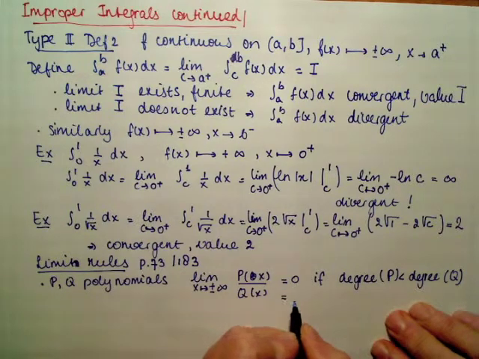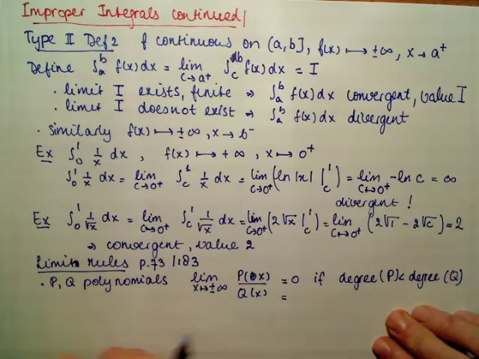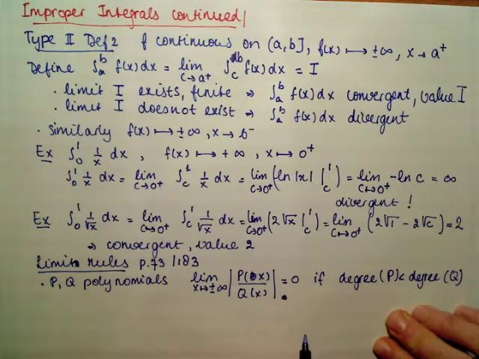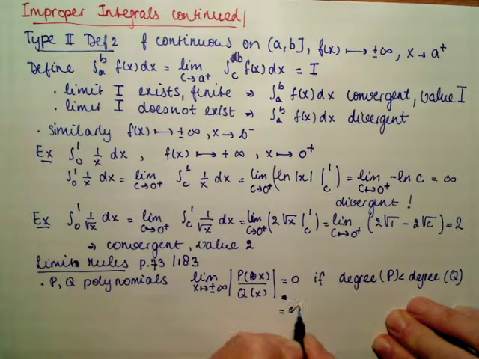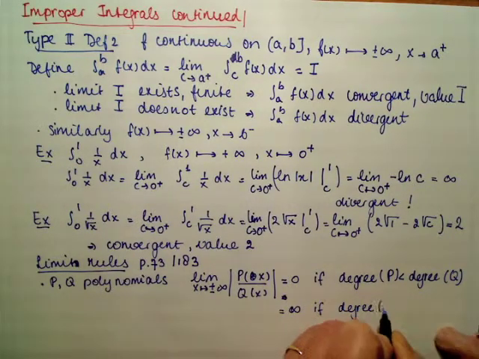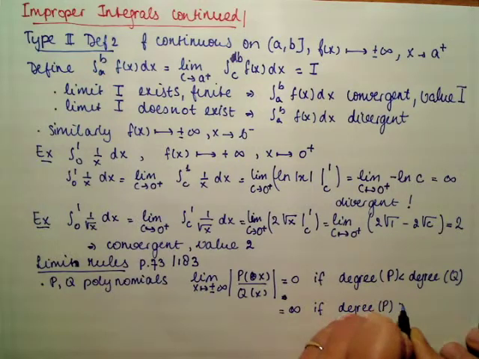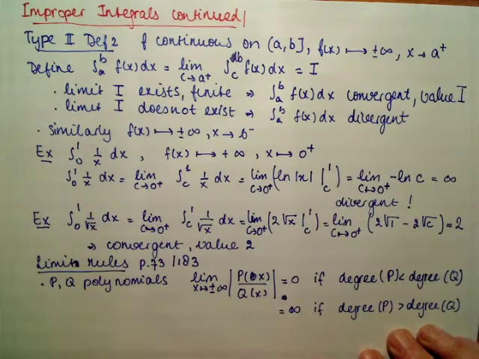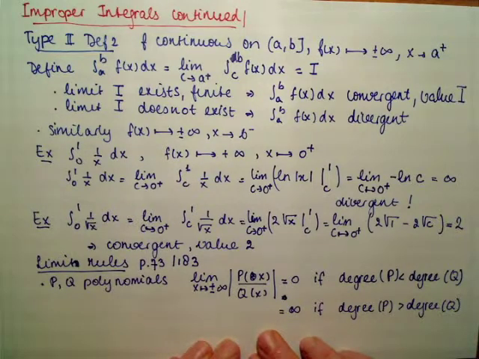In absolute value, the limit is equal to plus infinity if the degree of the numerator is larger than the degree of the denominator. If the degrees are equal, then you have to be a little bit more careful, of course, and we won't discuss that here.